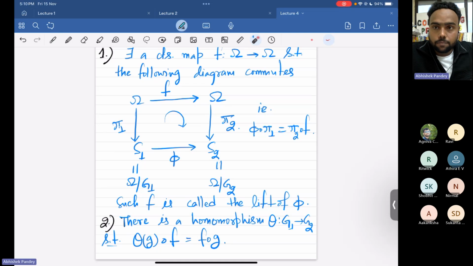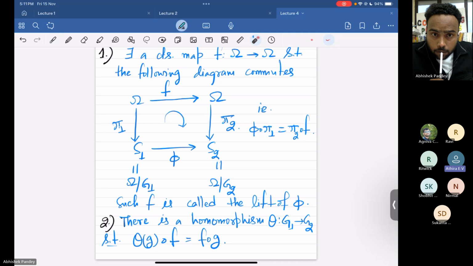Yeah, that's what the covering group is, collection of all homeomorphisms of Omega to Omega. You mean the deck transformation group. Yeah. Is it clear now? Then F is also a deck transformation? No, F is a homeomorphism of Omega. So you can basically compose them.